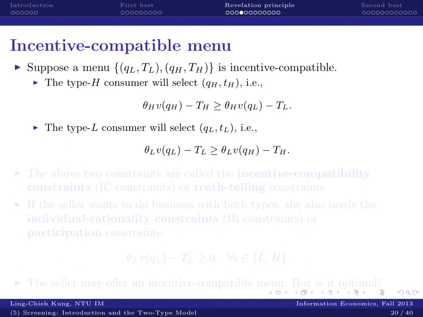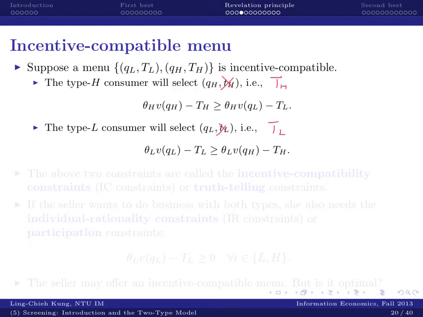If instead he chooses QLTL, then the quantity and the price will become QL and TL, and the right-hand side is his utility by choosing QLTL. I want the type H consumer to select QHTH, so I want the left-hand side to be greater than or equal to the right-hand side. I need to make sure that the QHTH contract is more valuable to the type H consumer, or more profitable. Okay, this term should be capital TH. Okay, this should be capital TL.